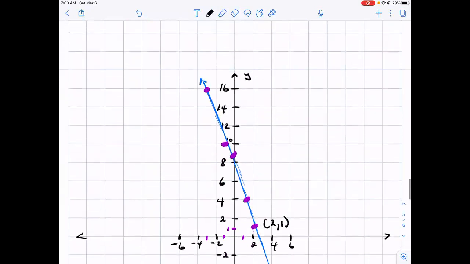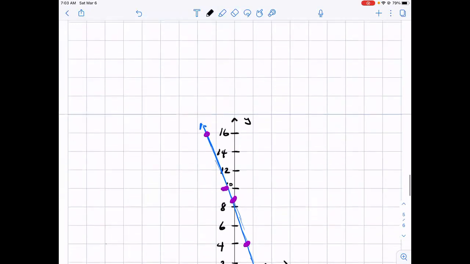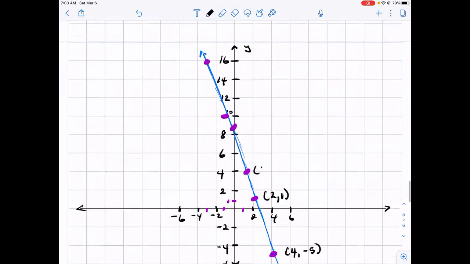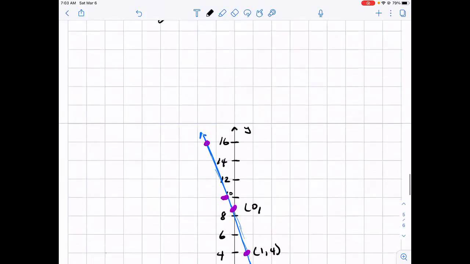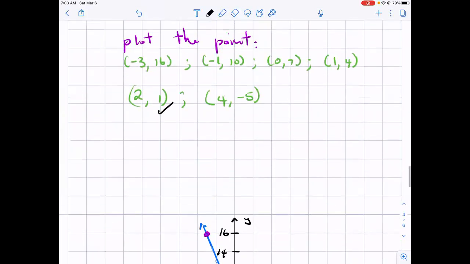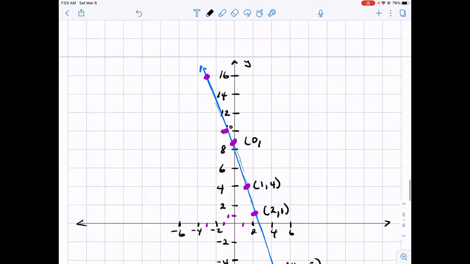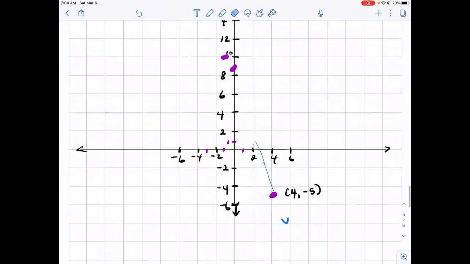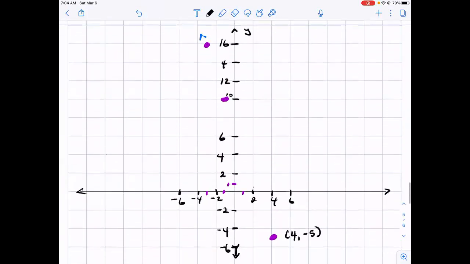This point here is (1, 4). This point here is 0, should be (0, 7). So I have that written wrong. So no wonder my graph is slightly off. This point here should have been (0, 7), which I messed up.